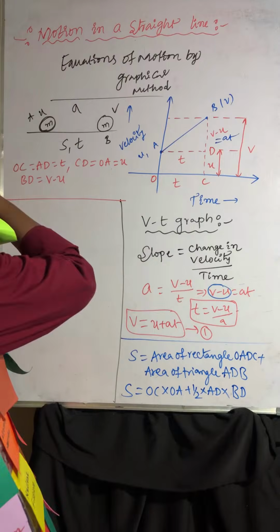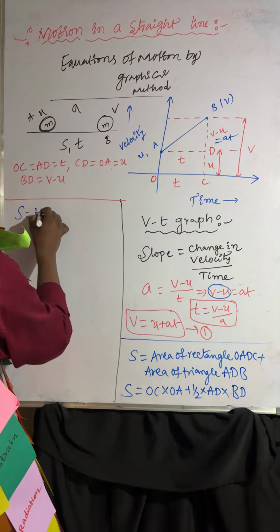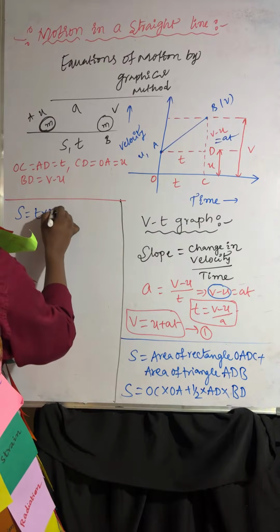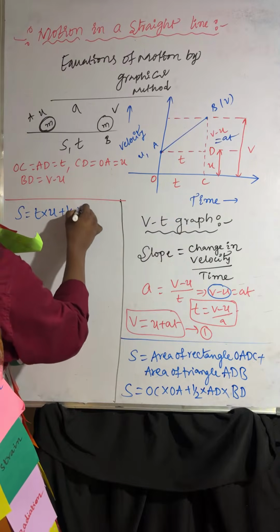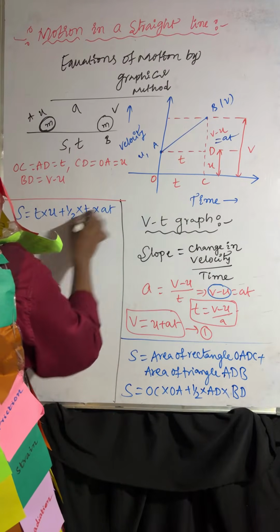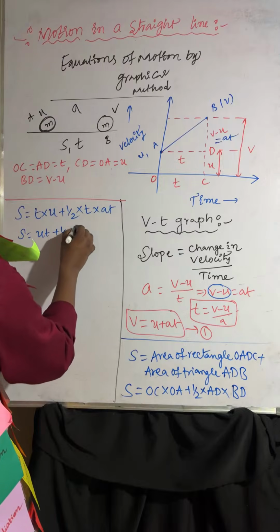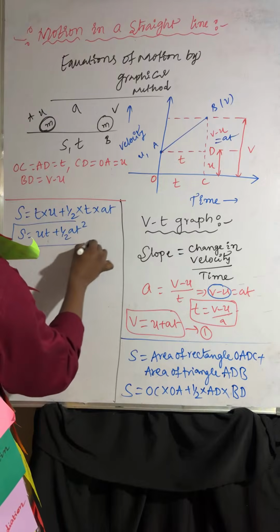Now you can see S equal to OC, which is T, into OA, which is U, plus half into AD, which is T, and AT. So S equal to UT plus half AT square. This is equation 2.